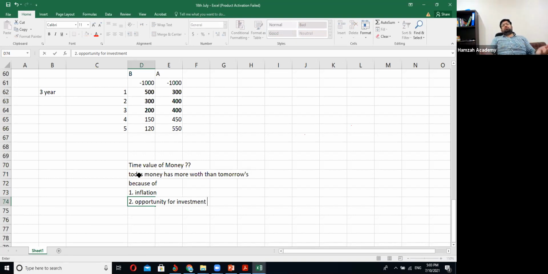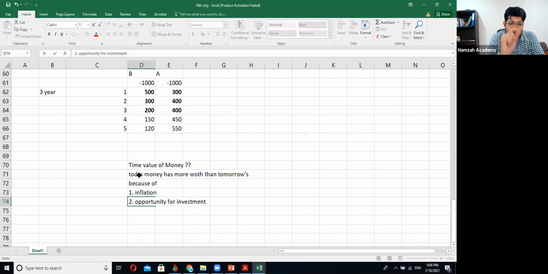Your money will be devalued tomorrow. For example, if I say you have the option to take 100,000 today or after 1 month, after 1 month it will not have the same value because of inflation. So it's better to take it today.